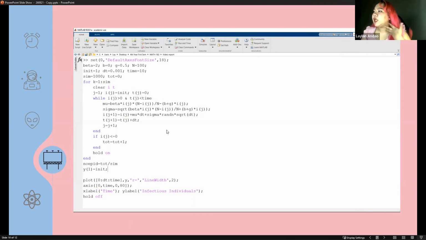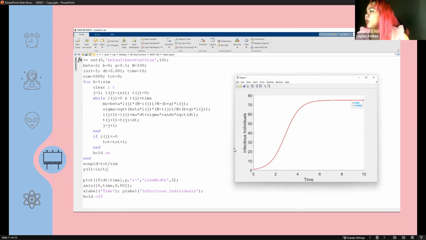Now, hindi ko na mapakita yung live na pag-run ko dito, pero ang result nito is ganito. Itong graph na to, which is a beautiful graph. Makikita nyo dito, as time passes, sa day 2 is makikita nyo meron ng more than 10 na infections.